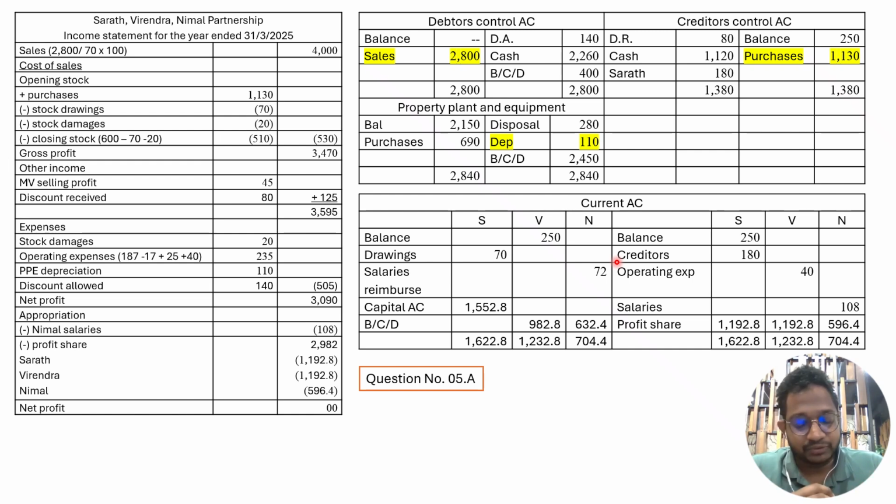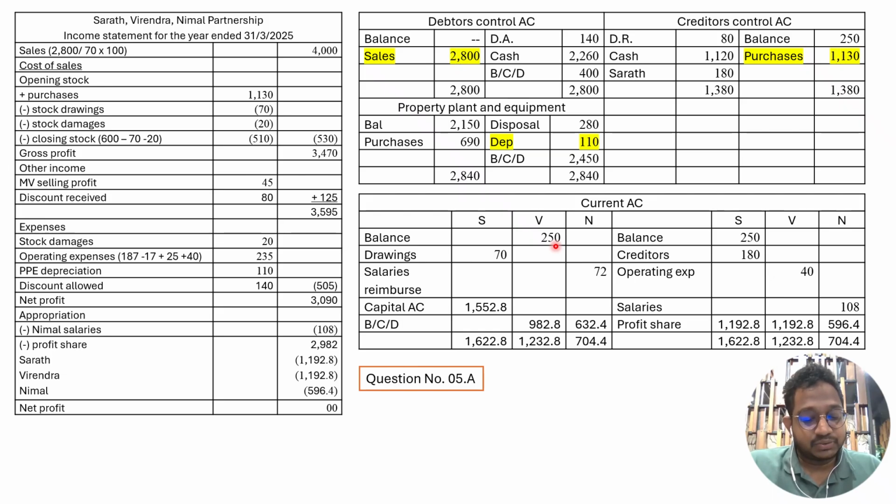Both have the 250 balance, but Sarat has a favorable balance, which means in his current account it's a favorable balance on the credit side. But for Virendra, it's an unfavorable balance, so at the opening date it should be mentioned on the debit side, right? And yes, the Nimal recruitment, so I will discuss that in the next slide.